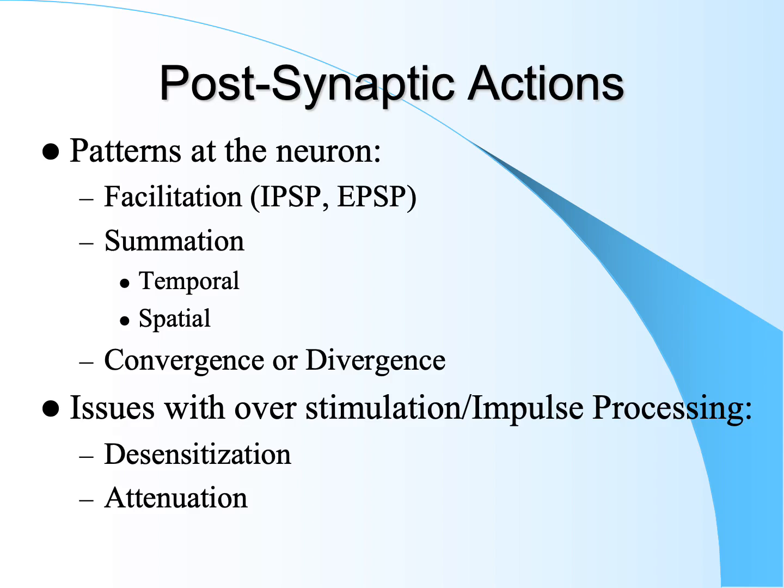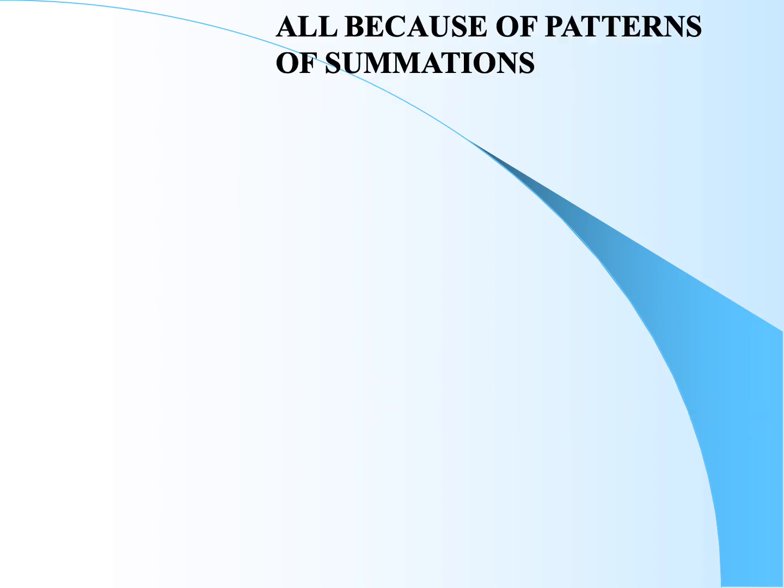If we look at the way in which patterns come about, we have the two types of patterning that are going to lead to the postsynaptic excitatory potential, where we're going to increase signal propagation, or postsynaptic inhibitory potentials, where we're going to diminish signal propagation. The first is temporal.